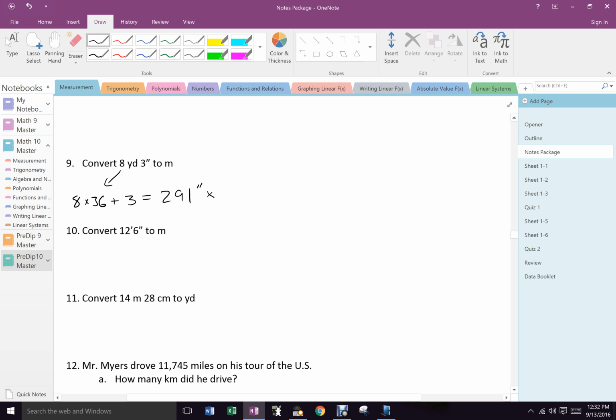So I go to centimeters. Centimeters over inches, 2.54 over 1, what I just did. 291 times 2.54 got me 739.14 centimeters. But I don't want centimeters, I want meters. So I move the decimal how many spaces? 2 to the left, because centimeters to meters. 7.3914 meters. Everybody cool?